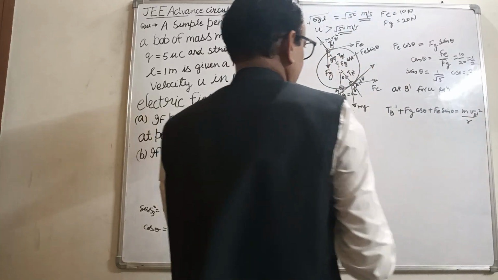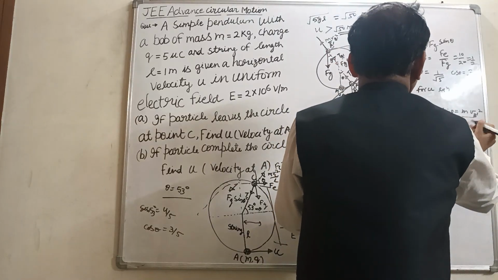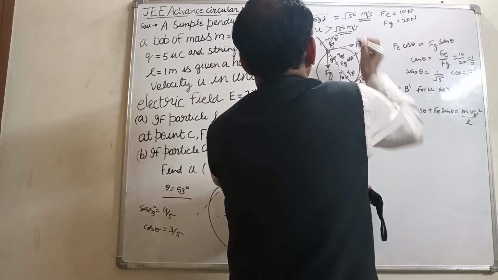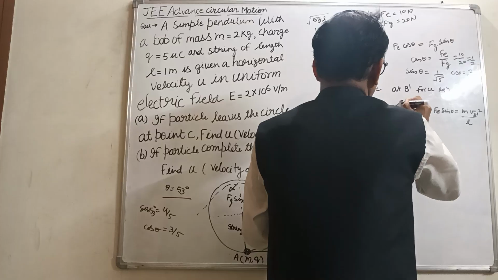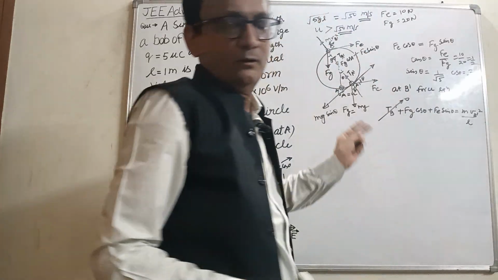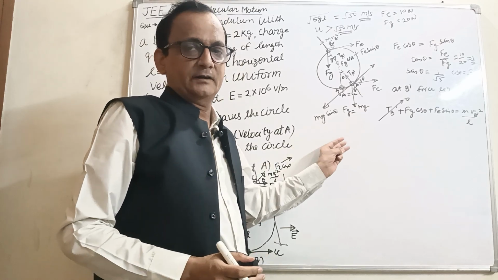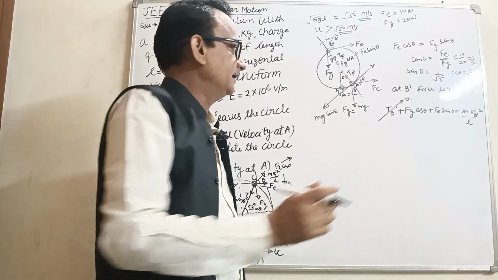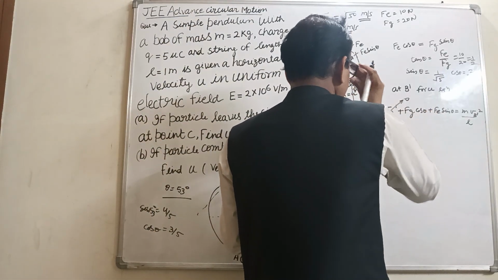R or L, suppose this is L. Placing the values here, the tension would be 0, as we know in circular motion, at the top of the equilibrium position, the tension becomes 0. So what is the value of Fg?